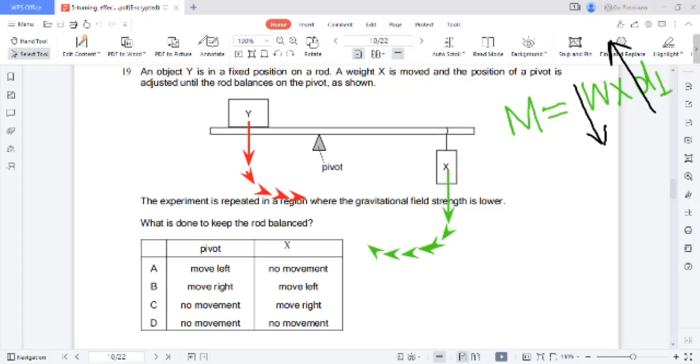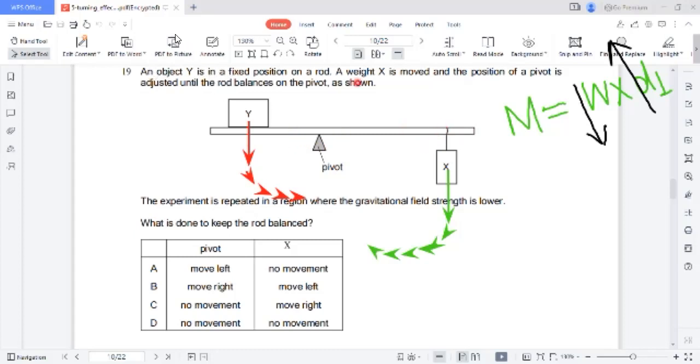So for that reason, suppose we can fix the pivot here. So this distance would be small and mass would be large. Small distance and large mass. And here we have small mass, so we can create a large distance by moving this X from here to here. Or we can move the pivot to this side to decrease the distance.